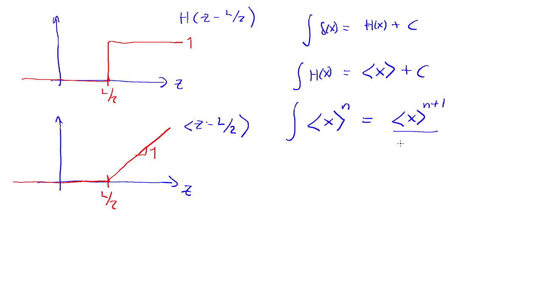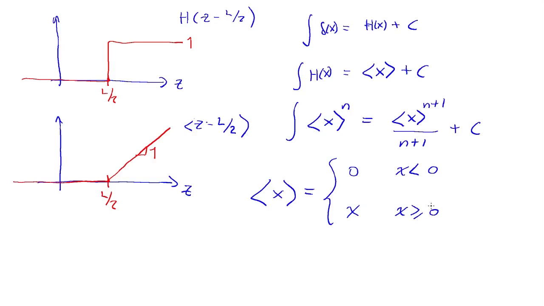So it looks like the usual rule. You just have to keep the Macaulay brackets around, and the definition of the Macaulay bracket is that it's either 0 or the value of the argument, and it's 0 if the argument is negative, and otherwise it's just the argument. Okay, so that's just a quick review there.